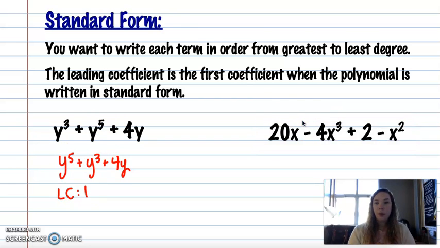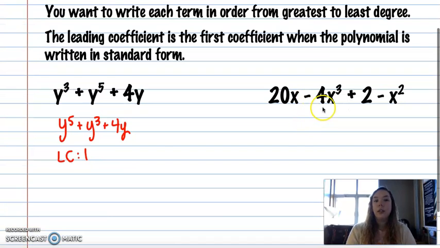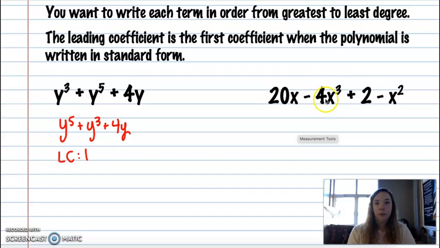So another example, again, we're doing greatest to least by exponent. So this is my largest exponent here, this negative 4x to the 3rd, and this minus goes with the 4x cubed. It goes with whatever's behind it.